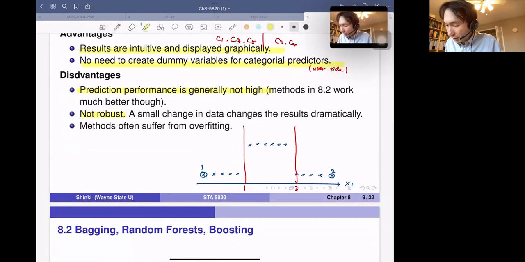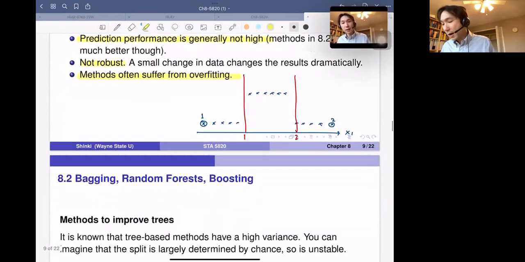It is also hard to interpret, and the methods often suffer from overfitting. If we do cross-validation and make a very good model, then after that we import the test data and it does not fit well. That can happen.